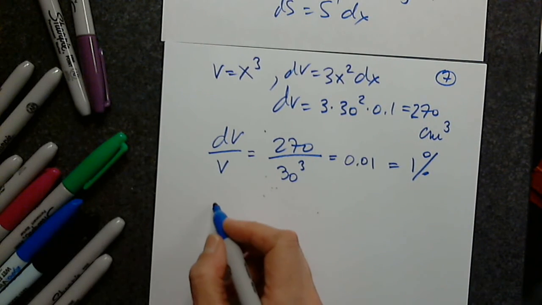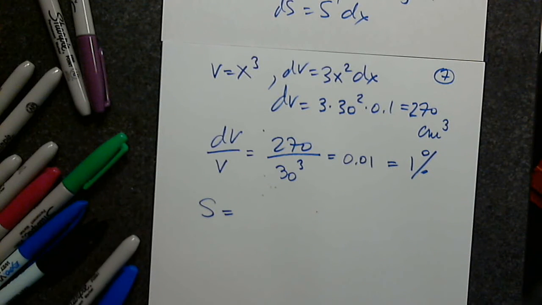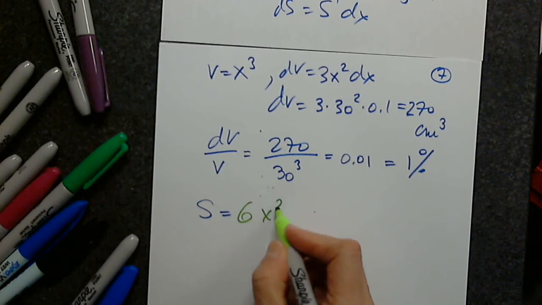Now we want to do the same thing with the surface. So for the surface, I need the function first. Yes, please, John. Go ahead. So 270 divided by 900. You got 0.01. It's cubed. Ah, that's okay. Okay, S, surface area, is 6x squared. Awesome.